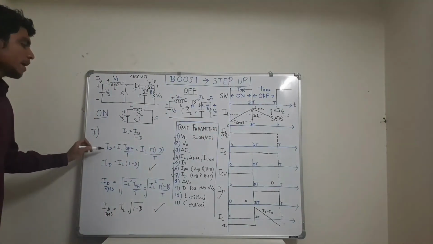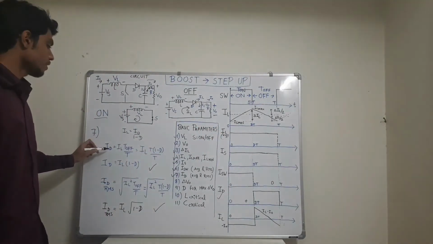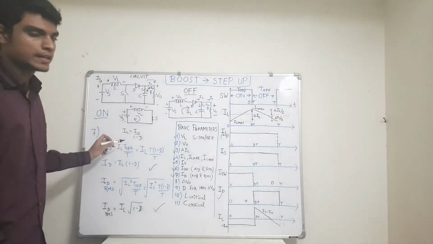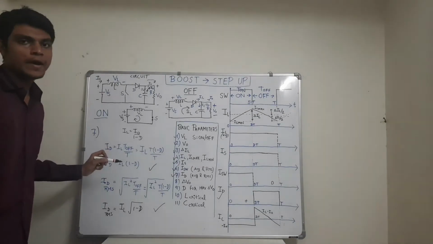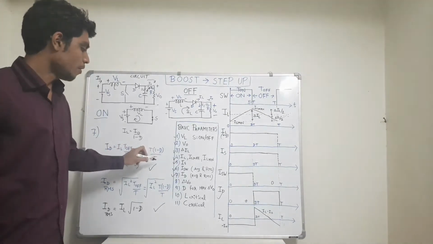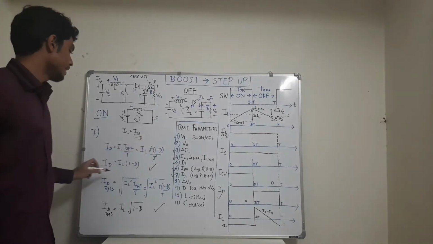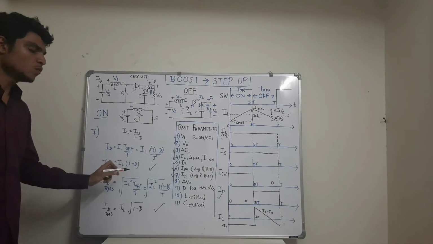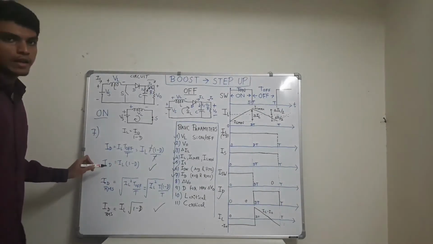So first, the average value of the diode current will be I_L into the time for which it is flowing, that is T off, divided by total time period. So I_L into (1 minus D) T upon T. T will get cancelled and we will get diode current equals I_L into (1 minus D), average value.